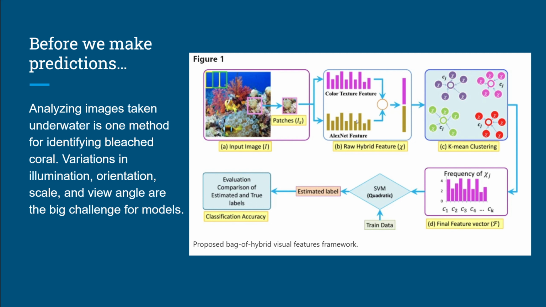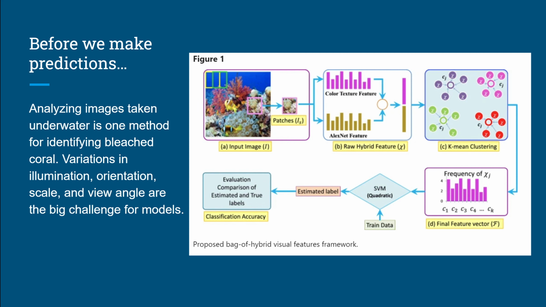Fawad, Ahmad, Ula, and Choi created a customized bag of features framework to address many of the same issues other visual projects run into: variations in illumination, orientation, scale, and view angle.